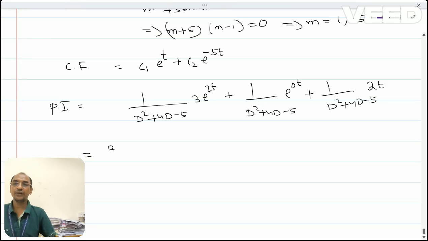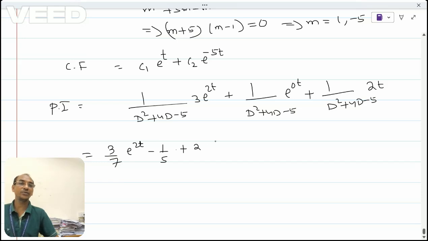So we can have 3 by 7 e to the power 2t. And here D is 0, so minus 1 by 5 e to the power 0t, which is 1. Then plus, I will take 2 common outside, and I will take minus 5 outside, so that 1 minus (D square plus 4D) by 5, into t.